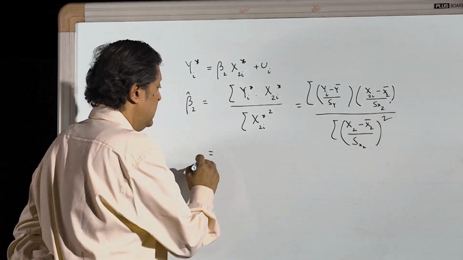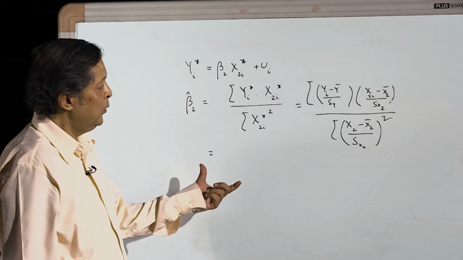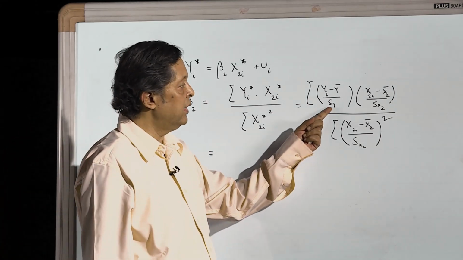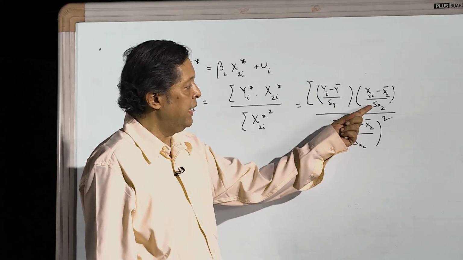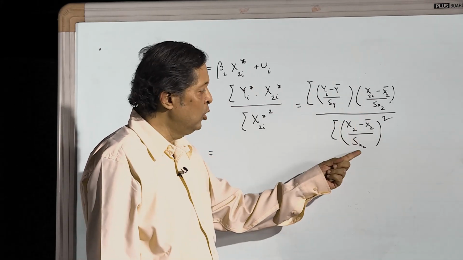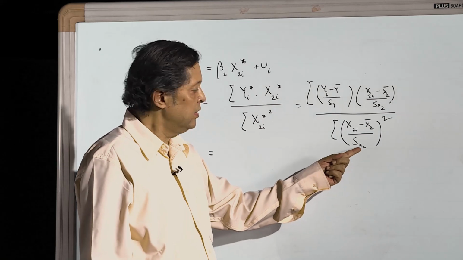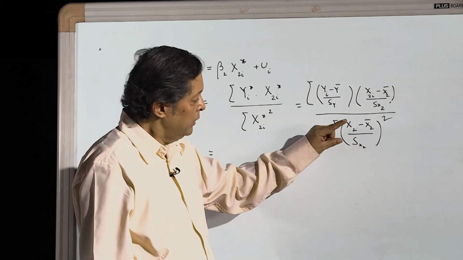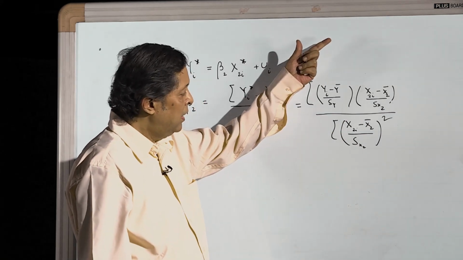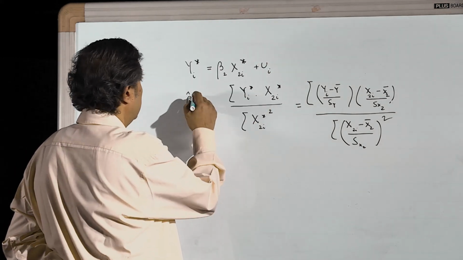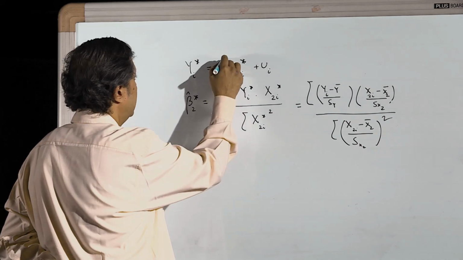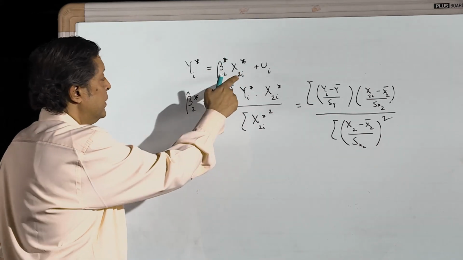And here you will notice that in the numerator you have one element s y, another element s x 2, and in the denominator you have s x 2 whole squared. So, this flips up and you have beta 2 star hat. This is the regression with standardized variables.